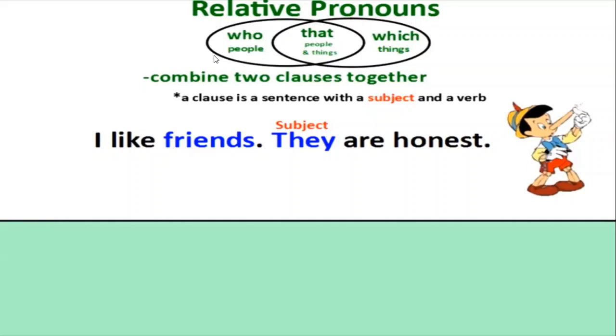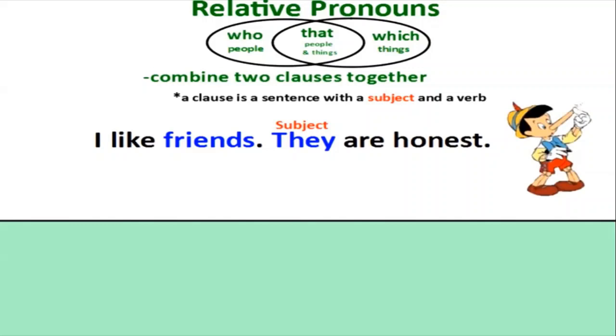So who, that, and which, and the other ones that I wrote up here are going to work as connectors to put these two sentences together and to create a relative clause, right? So as you can see right here, we got two different sentences, right? One, I like friends, period, that's the first sentence, and they are honest, period, the second sentence, right? Two different and separated sentences.